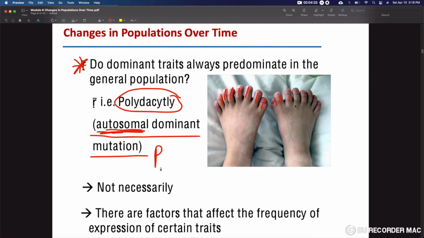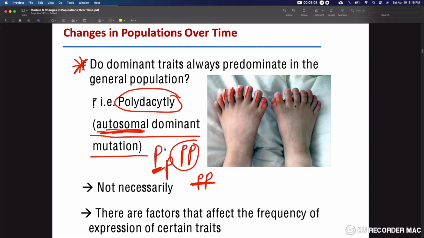You only need one copy of that allele, of that gene, for it to be expressed. So it can either be like this or like this. The only way for an organism to be normal or have 5 digits per toes or hands is to have a homozygous recessive.